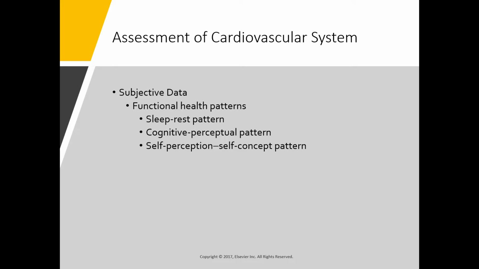For functional health patterns: how they sleep, their cognitive perceptual patterns, such as dizziness, fainting, difficulty remembering things, memory, right? These play a major role within the heart, because again, the heart should be pumping blood with proper cardiac output and not that much resistance peripherally. If blood doesn't get to the brain, these cognitive perceptual patterns may not be intact.